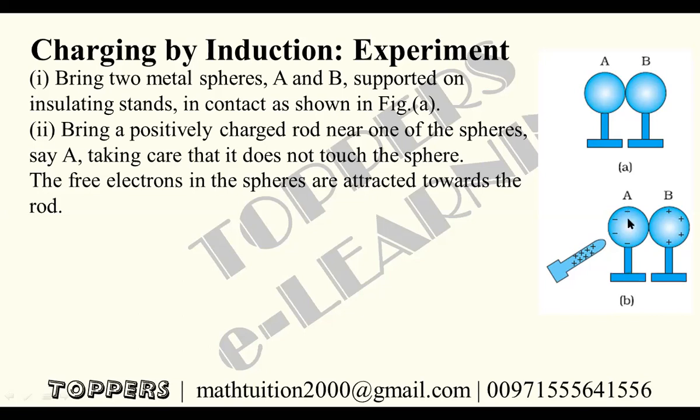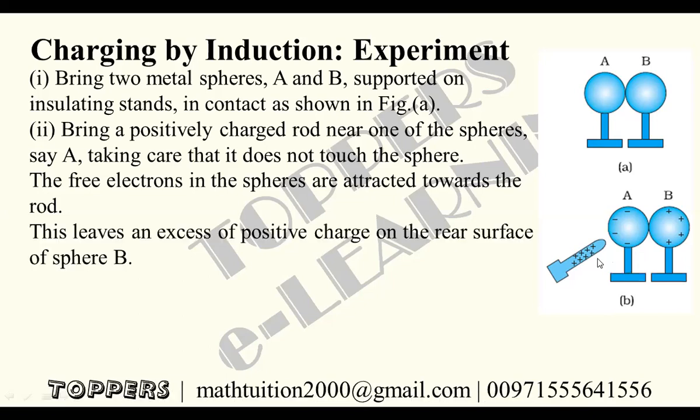Not all electrons, but on the surface, electrons will come closer to this part. So some of the free electrons move to this end, and automatically at the other end there will be a deficiency of electrons. So this part will become positive and this part will become negative.